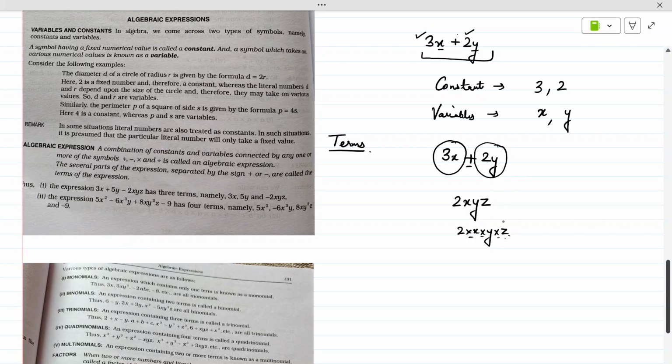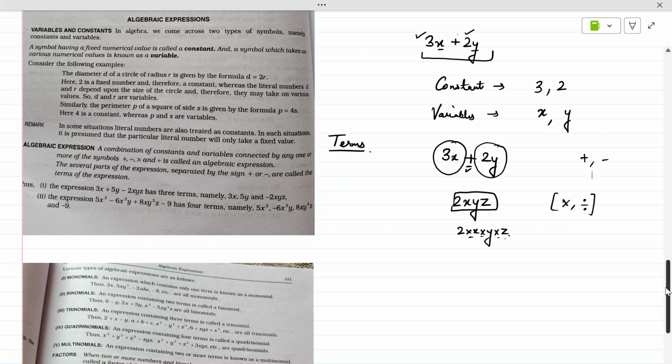But we have only one term, that is, 2xyz is the term here. These terms are separated by the operators plus and minus. When we have to see how many terms are there in an algebraic expression, we will not count multiplication or division. For counting the terms, we will only consider plus and minus.